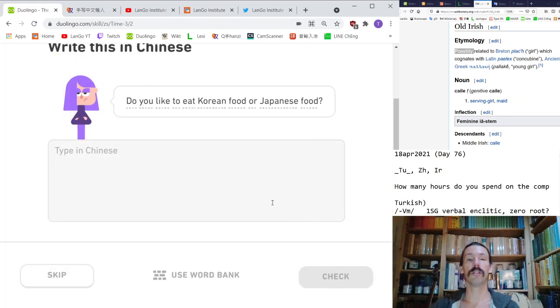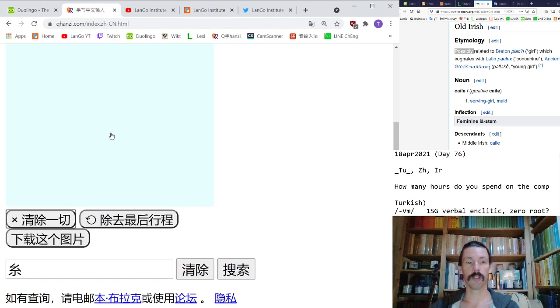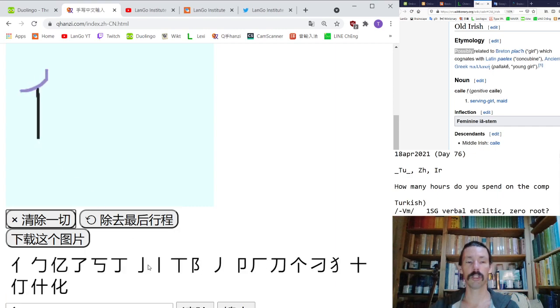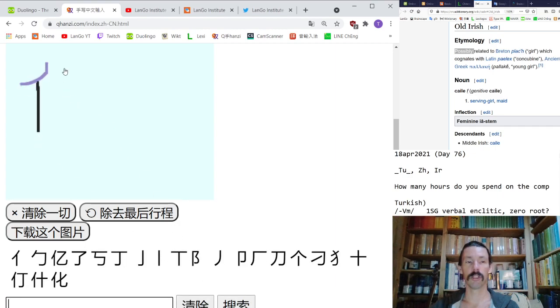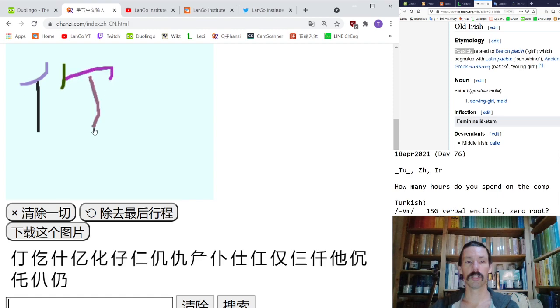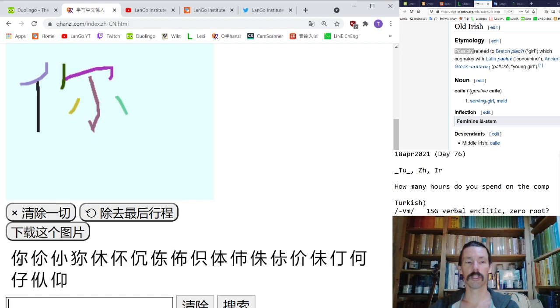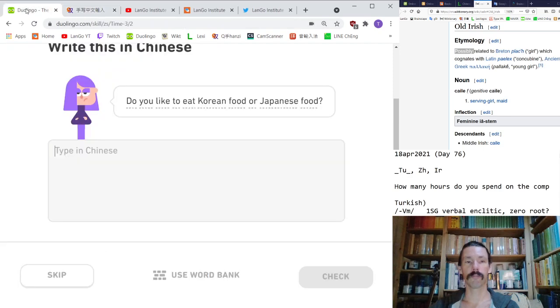Do you like to eat Korean food or Japanese food? Alright, we get to write a lot. I guess we're going to spell those noun phrases out in full. So we're going to use the everyday verb, subject, object, word order, 你. Oh, let's get rid of that. Like to eat, right? Do you like to eat?